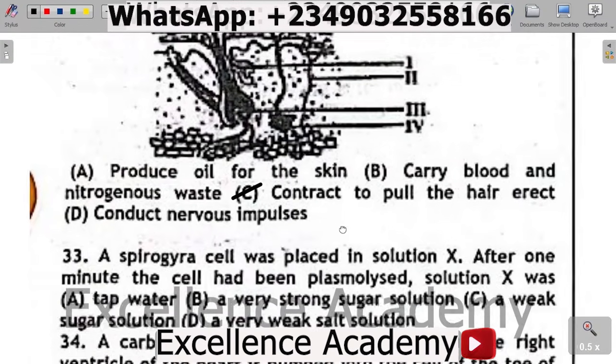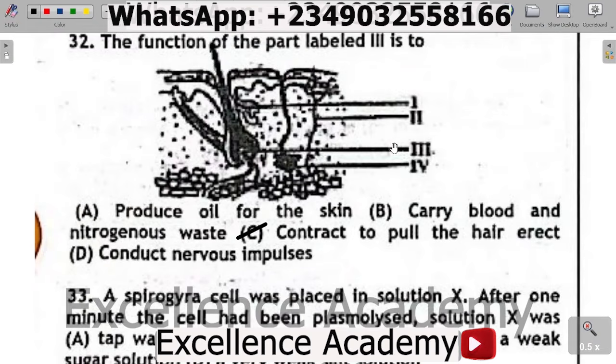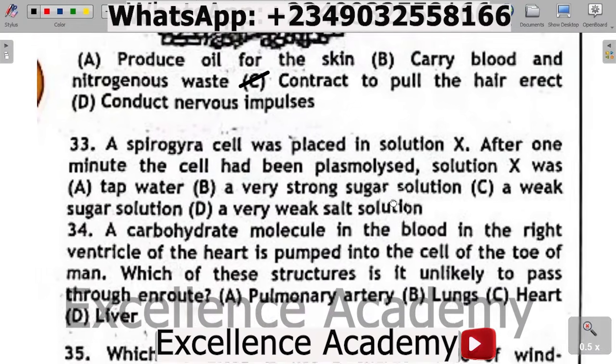Option I is the hair follicle. Option II is the sebaceous gland. Option III is the sweat duct. And option IV is the sweat gland. So the correct option is C, to contract to pull the hair erect, which is the function of the hair follicle in the skin.